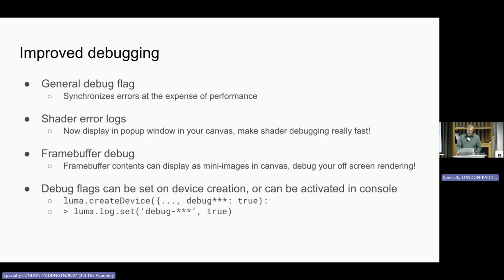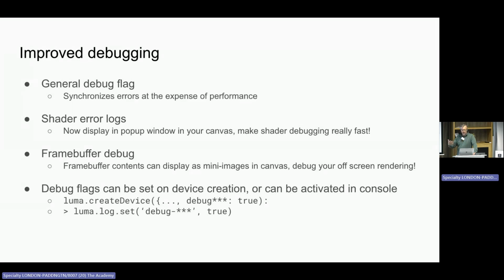A lot of attention also on debugging. So debugging GPU is quite tricky because you write your shaders, you fire them off, and often, initially, you get some compiler errors in the shader and you want to get through those quickly. We have support for that. We have beautiful shader error logs that pop up in your canvas, and it makes it really quick to iterate on shaders and sort out the errors.